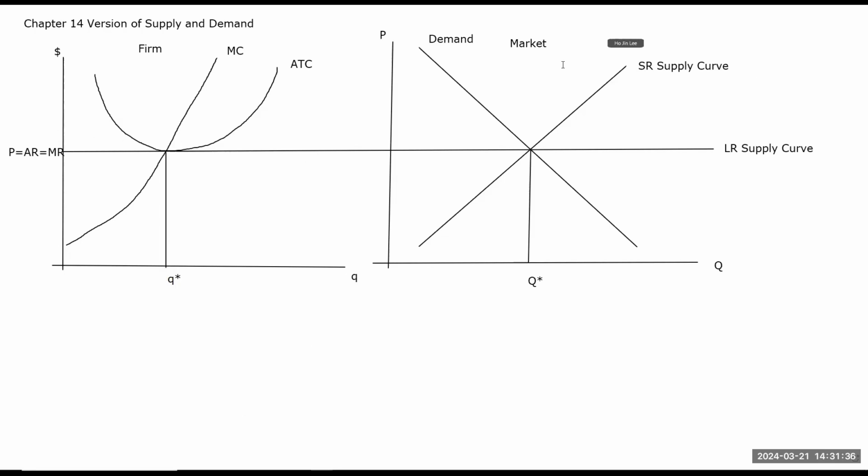And in equilibrium, we have price equal to average revenue equal to marginal revenue. And that is also equal to average total cost, and what that means is profit is equal to 0. So this is all true in long run equilibrium.